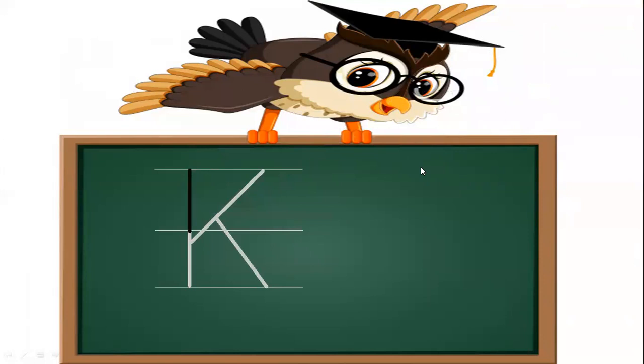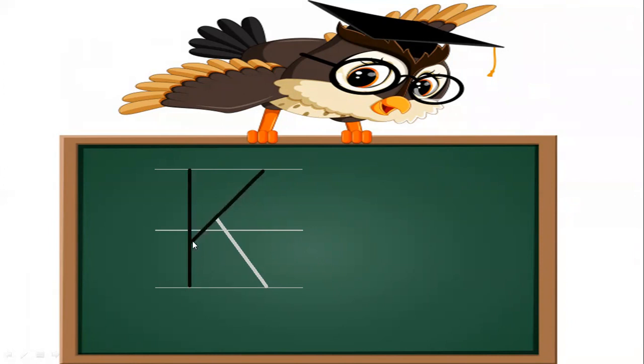Now, our next letter is K. How will you draw a K? Draw a standing line from the top of the line and come down reaching the bottom.